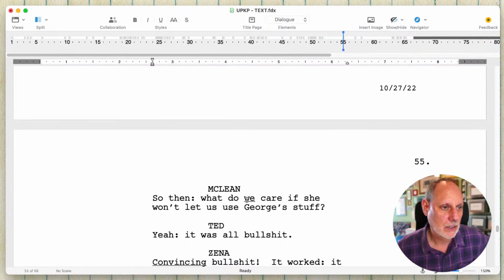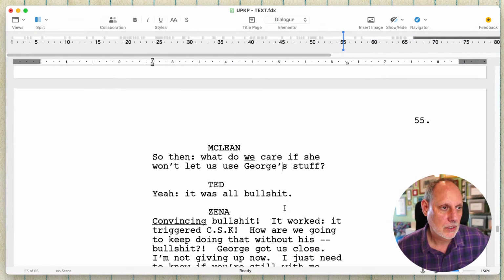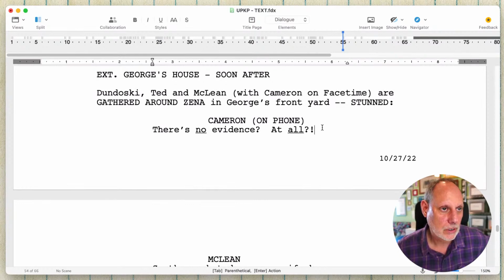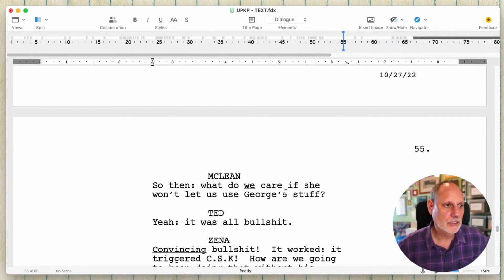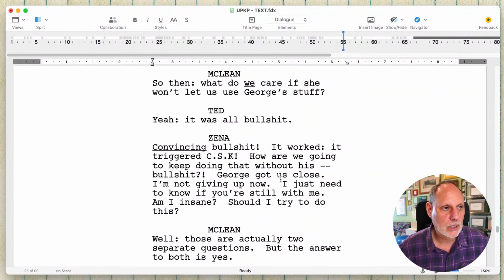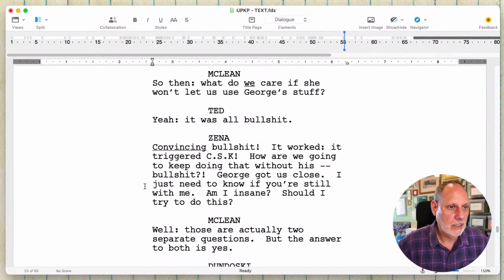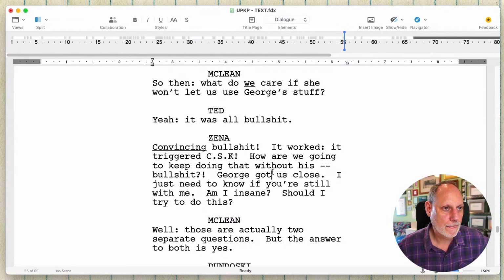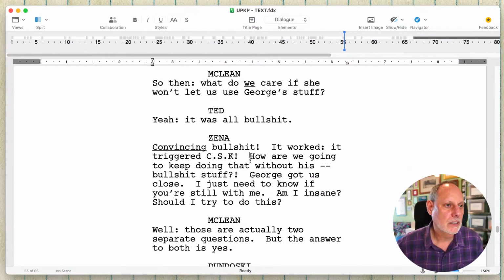So what do we care? Yeah, there's no evidence at all. So then what do we care if she won't let us use George's stuff? Yeah, it was all bullshit. Convincing bullshit. It worked. It triggered CSK. How are we going to keep doing that without his bullshit stuff?